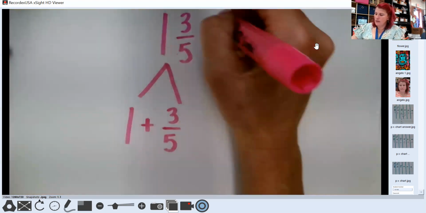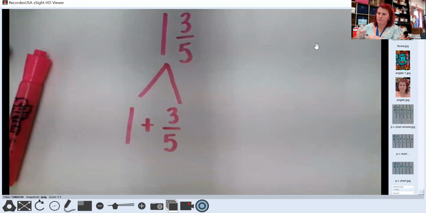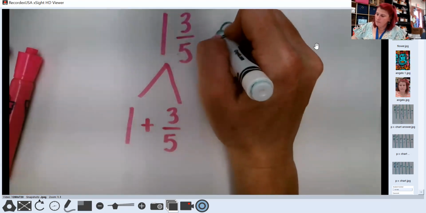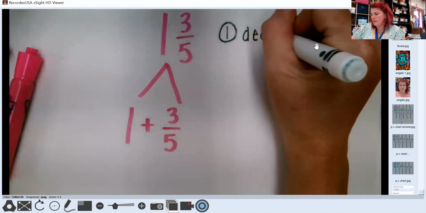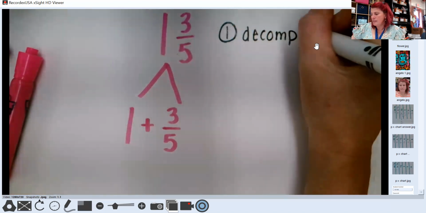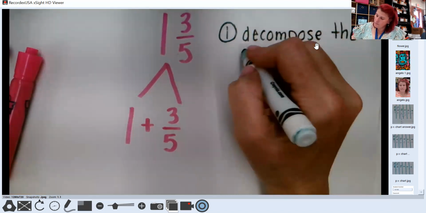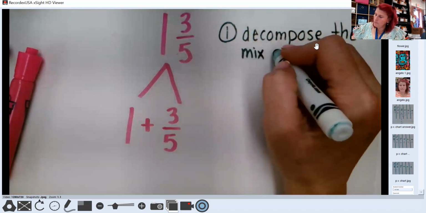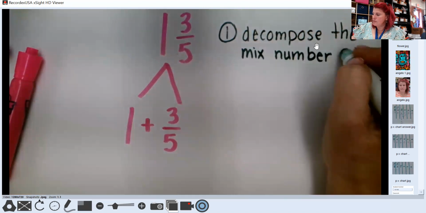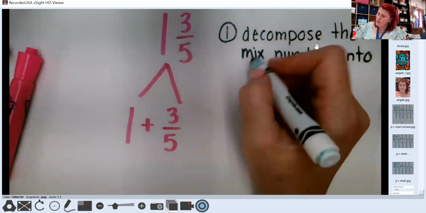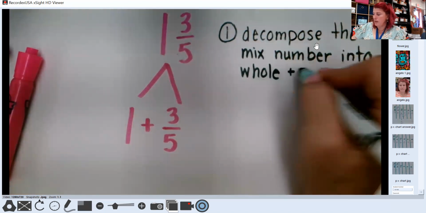So step 1, I'll use a different color here. Step one is to decompose the mixed number into a whole number plus the fraction.